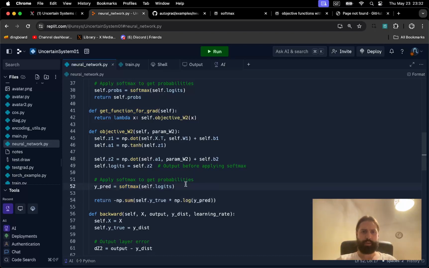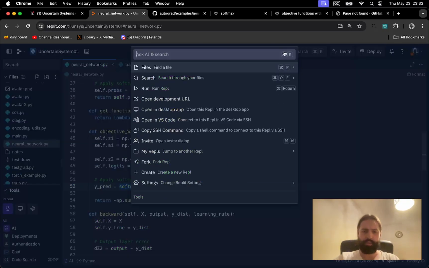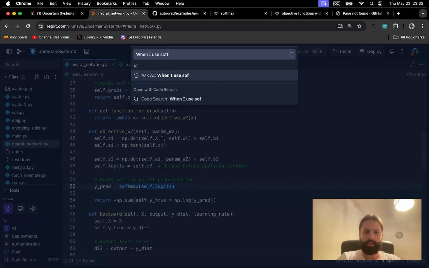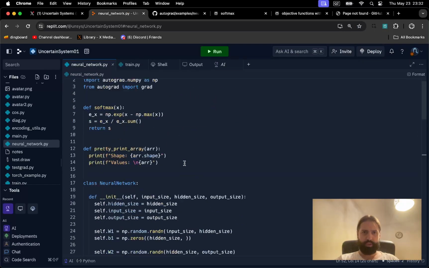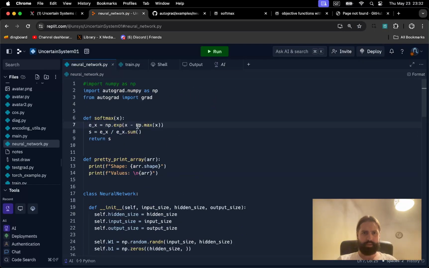When I use softmax in my objective function, it almost evaluates to 0. Why is that? Is that the function that has this np.max for numerical stability in here?